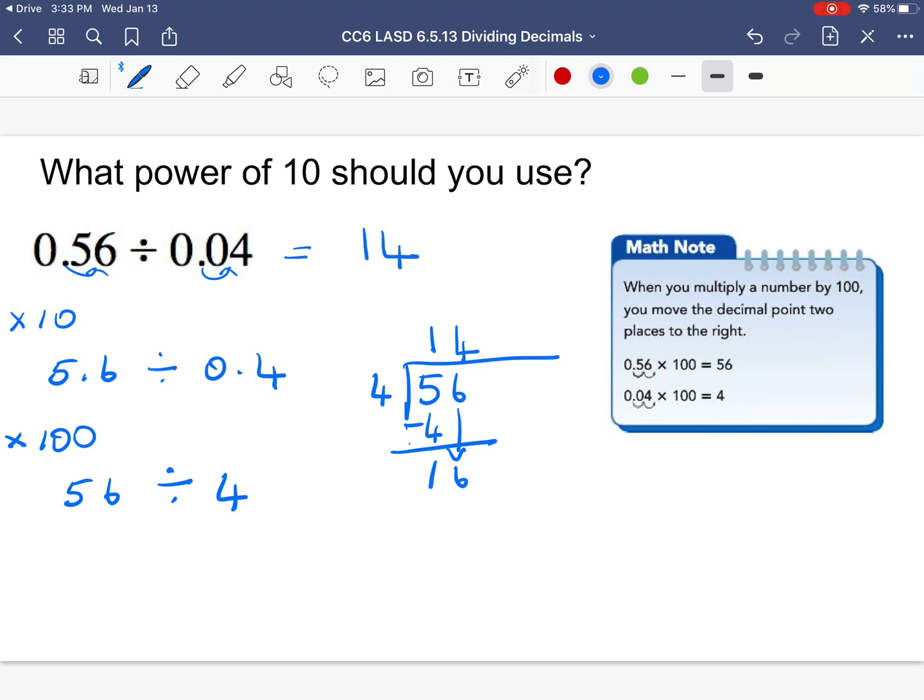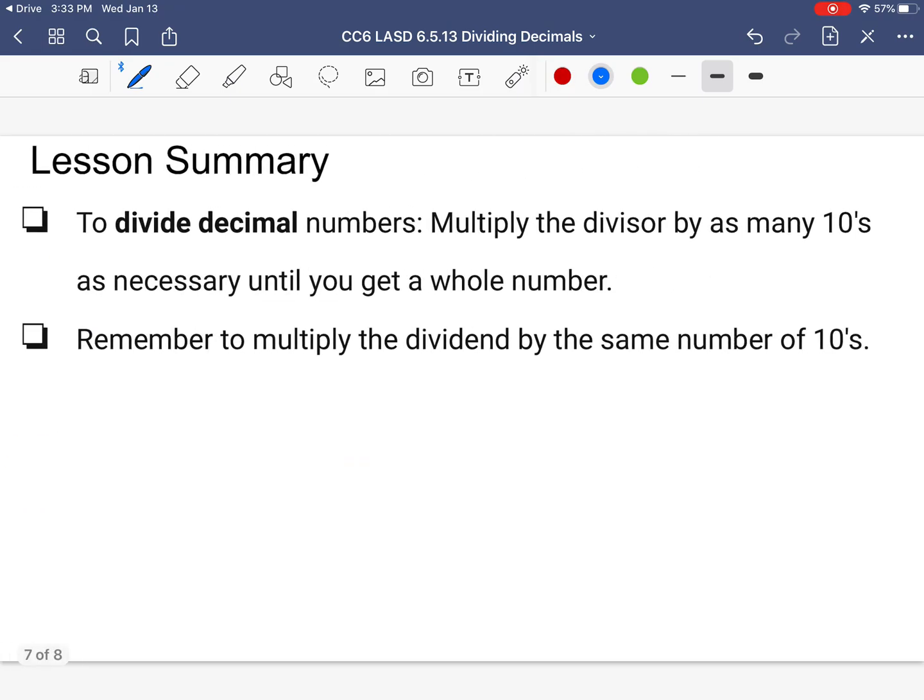We were able to do that calculation by first making sure that our divisor was a whole number. So to summarize, to divide decimal numbers, multiply your divisor by as many tens as necessary until you get a whole number, and remember to multiply the dividend by the same number of tens.